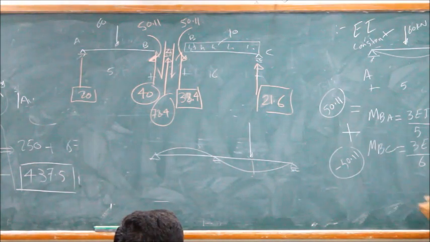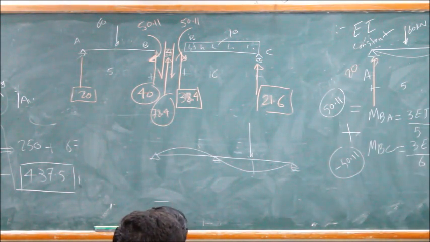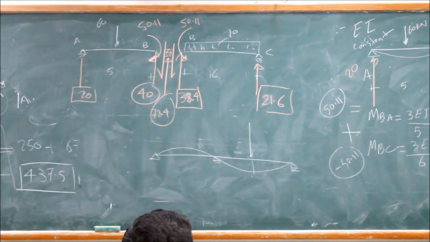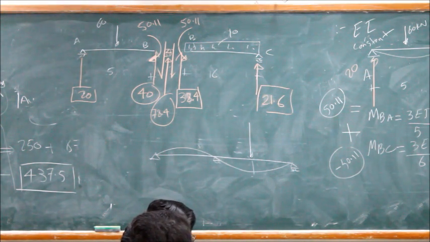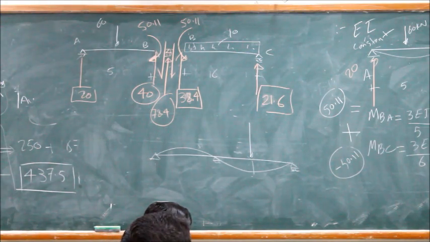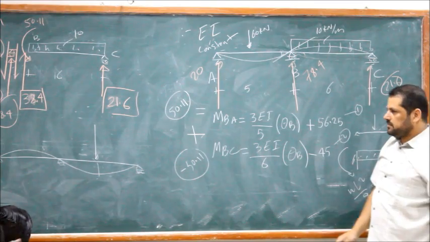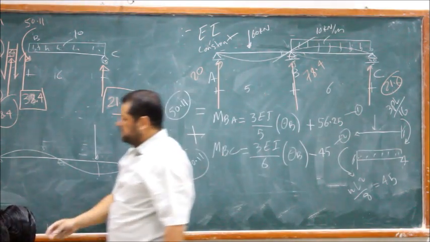You can check it. How much is this one? You are certain about this and this: 20 and 21.6. Right? Sum of the forces in the y direction equal to 0. 60 plus 60 minus those two give you the reaction at B, which is 78.4.